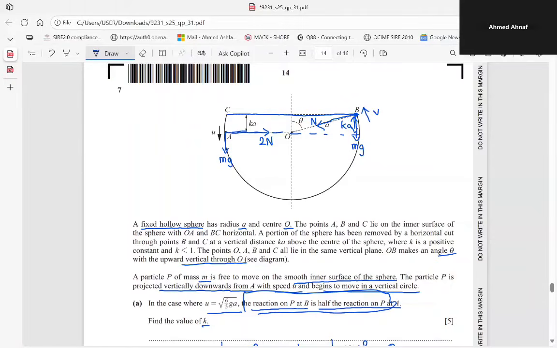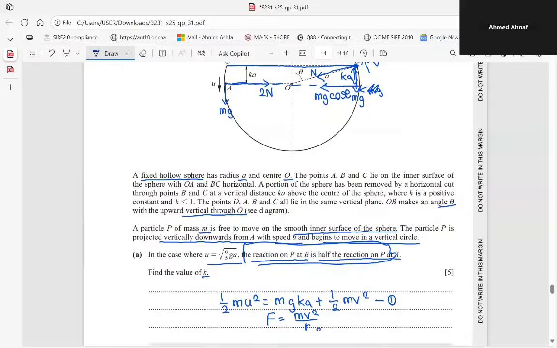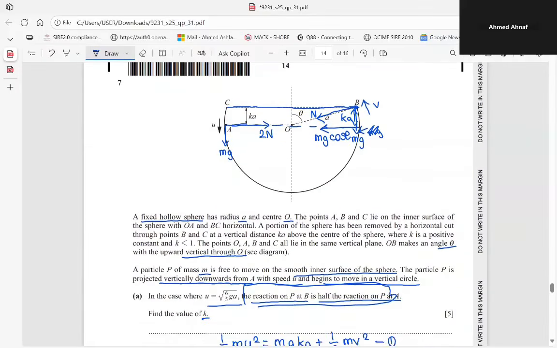So for mg, we have to take both the horizontal and vertical components relative to the direction of the movement of B. The component of the weight, at this angle theta, is mg cosine theta.